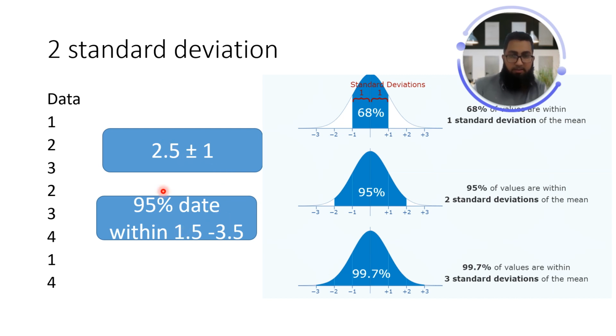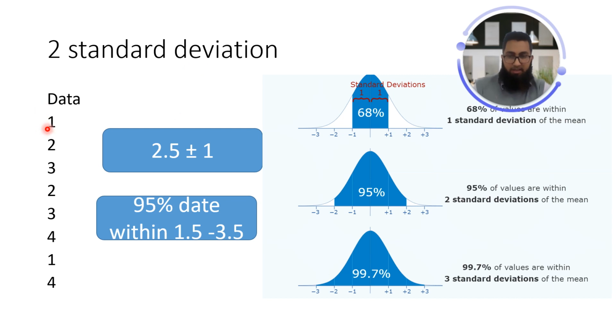That means 95% of the data is between 1.5 and 3.5. Why 95? Because I am using 2 standard deviation. That can be given to you in the exam.